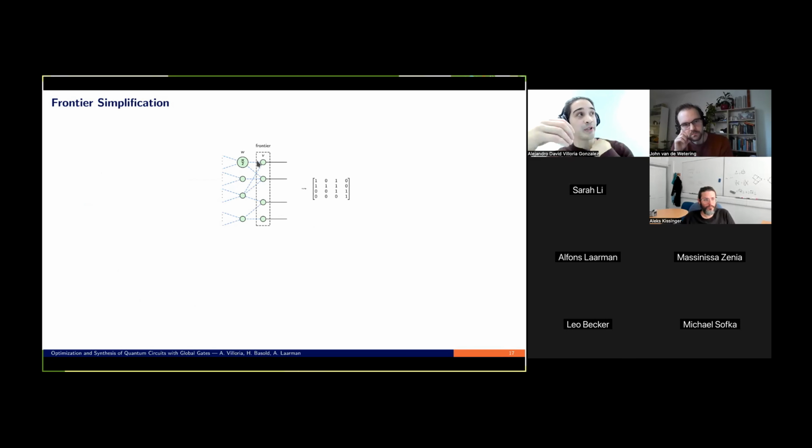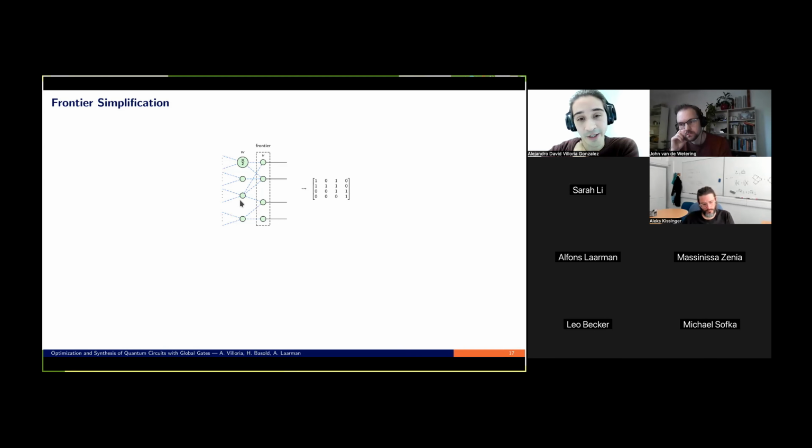It can happen, and I have also seen in some benchmarks, that even if you get the best configuration for a frontier at this moment, later on you actually end up with a worse circuit. In the sense that maybe you shouldn't have simplified the frontier at this point so much, because then you will have a more complicated frontier later on.